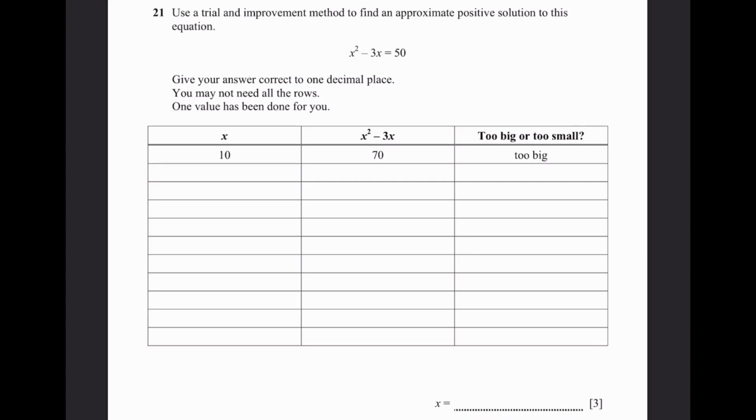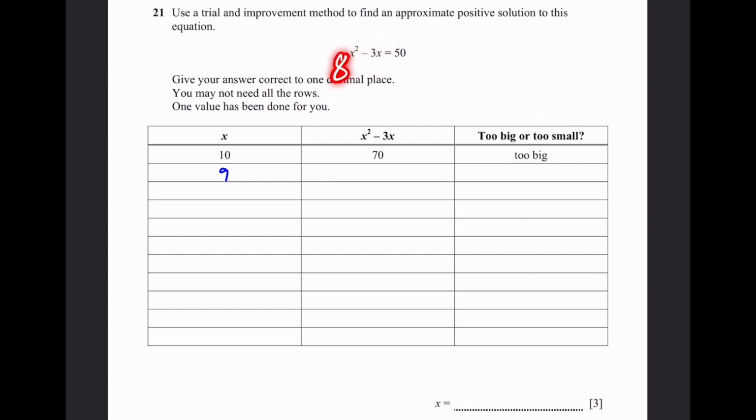Use a trial and improvement method to find an approximate positive solution to this equation. Give your answer correct to one decimal place. You may not need all the rows. One value has been done for you. So, because when x is 10, this is too big, you can make x as 9. Now, it'll be 9 squared minus 3 into 9 is equal to 50.